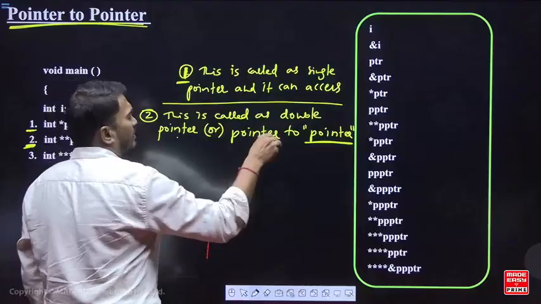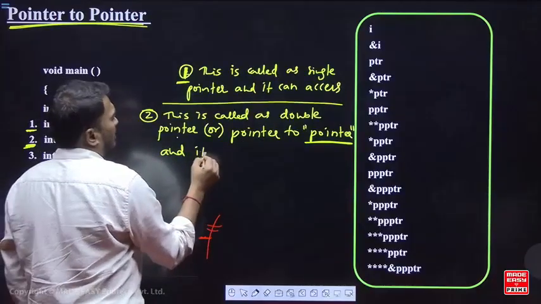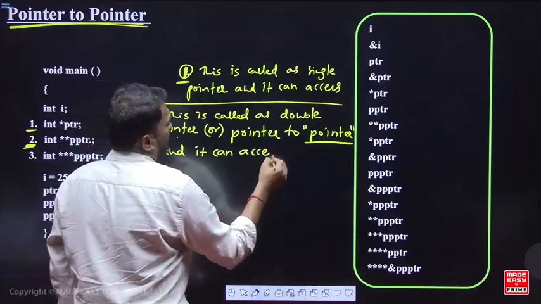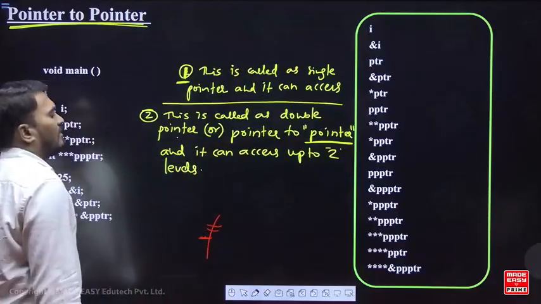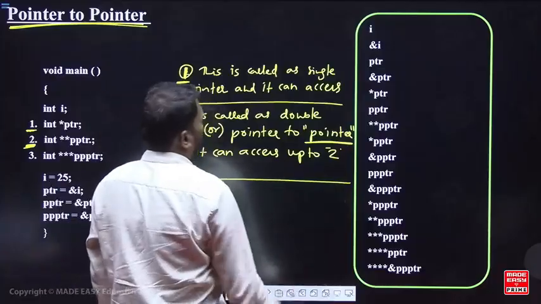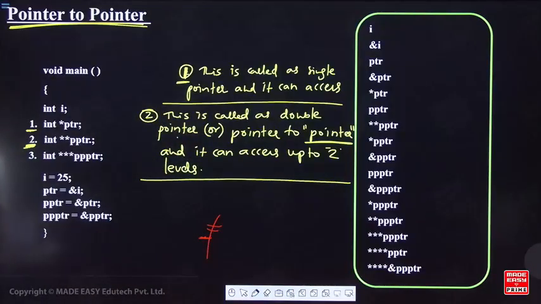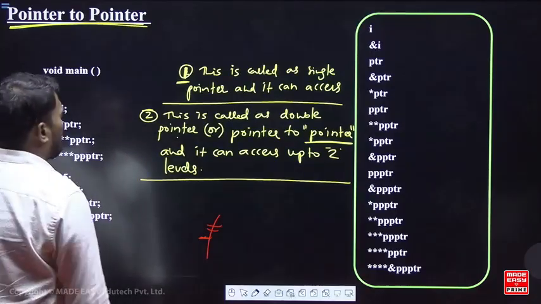Next line, and it can access up to 2 levels. It can access up to 2 levels.